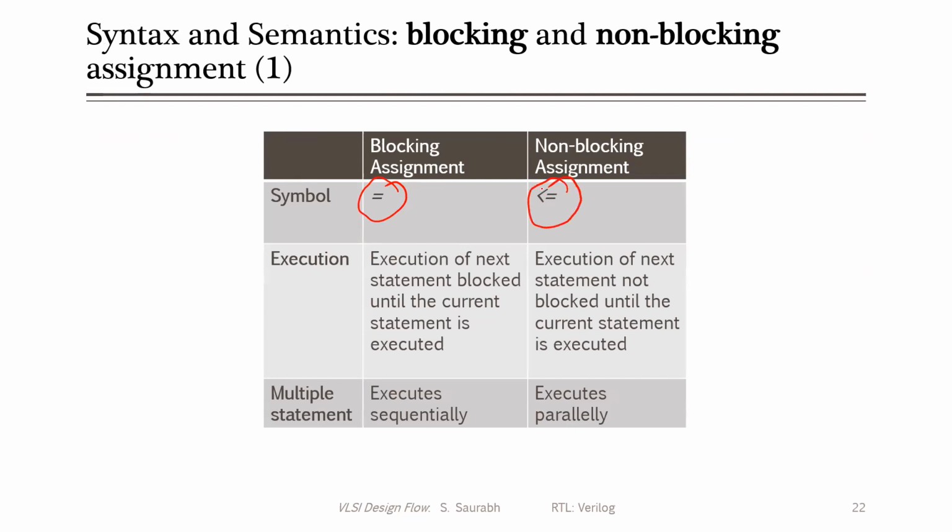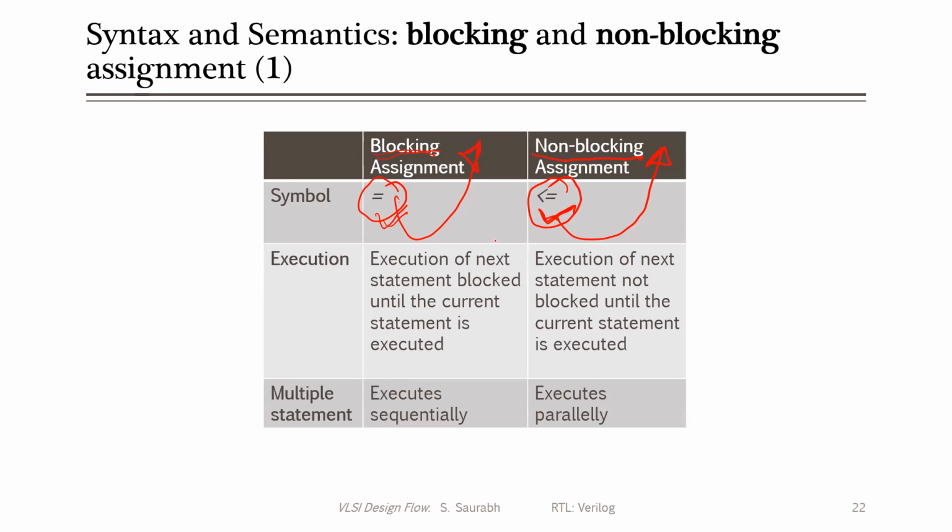This one is known as blocking assignment, and this one is known as non-blocking assignment. An easy way to remember which one is blocking is that the word blocking is small and the symbol is also small, and the word non-blocking is a bigger word and the symbol is also bigger.